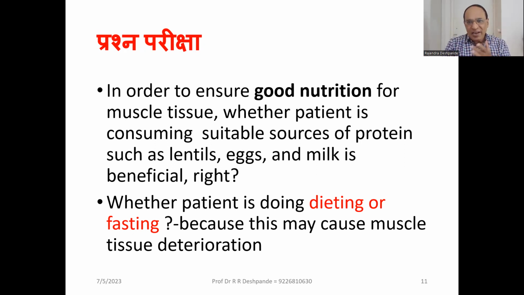Whether the patient is taking lentils, eggs, milk, because it is beneficial, right? Then whether the patient is dieting, zero figure, or fasting, because this is not good for the Mamsa Dhatu. This is not good for Mamsavaha Srotas. Nourishment will not happen. Then you will lose weight.